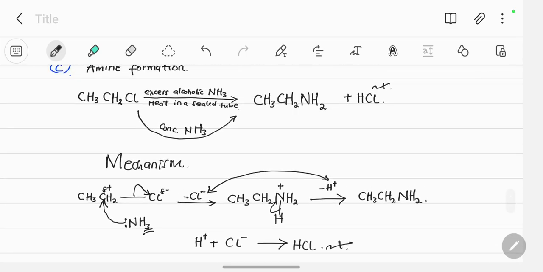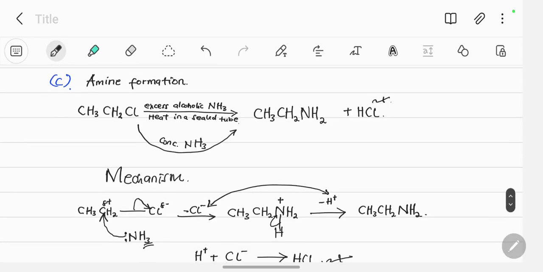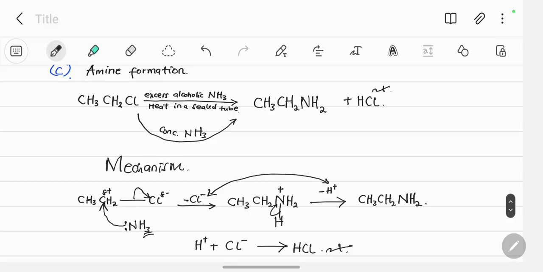So that is our reaction there. We formed an amine. You may call it aminoethane or ethyl amine. So we move on to, I want to be fast.